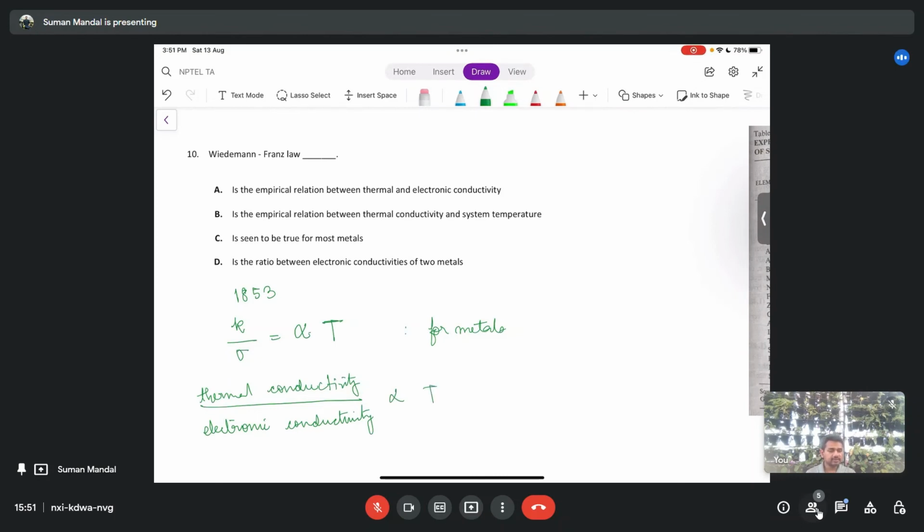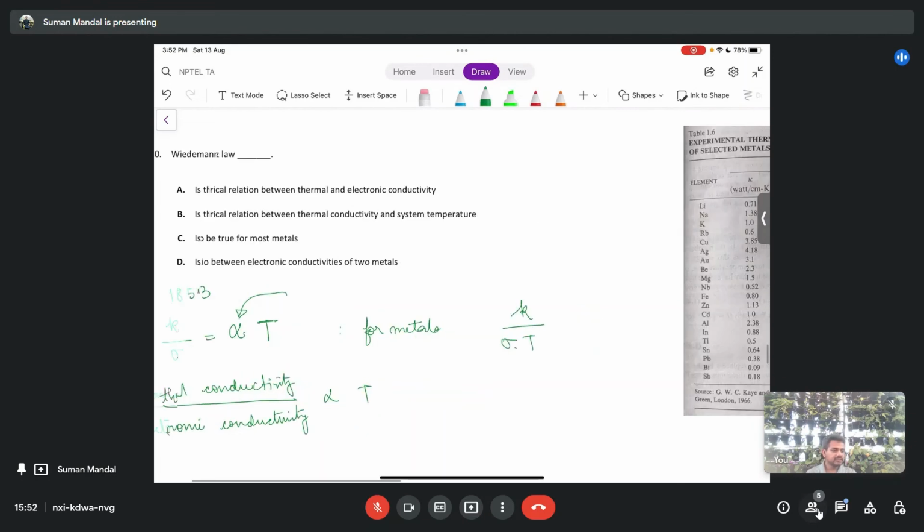And this value of alpha is more or less constant for all the metals. So we can compare the value of k by sigma T at different temperatures.